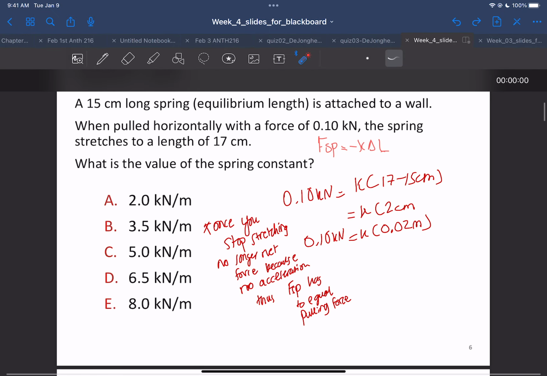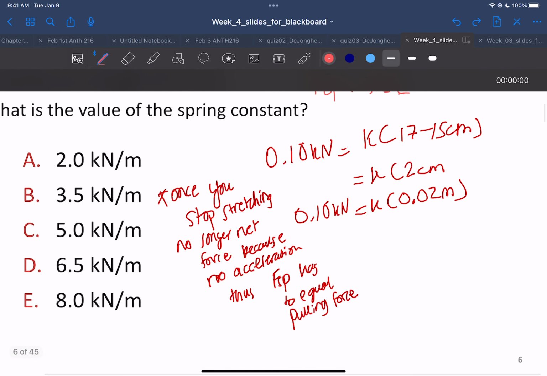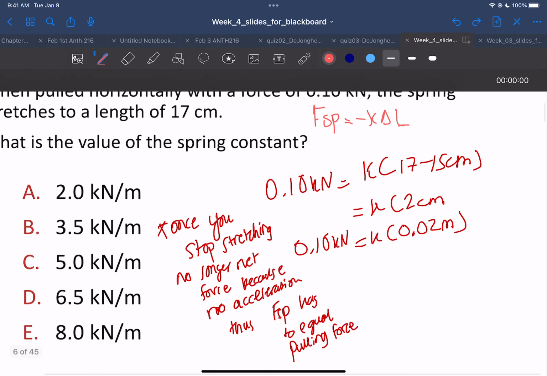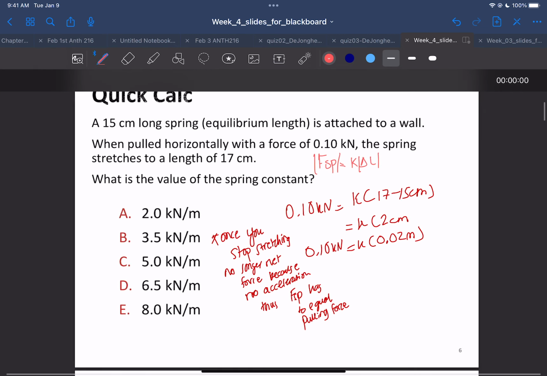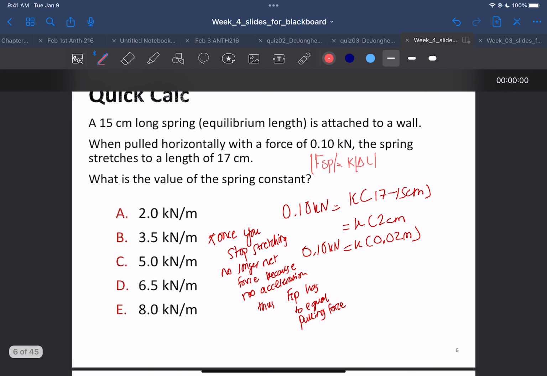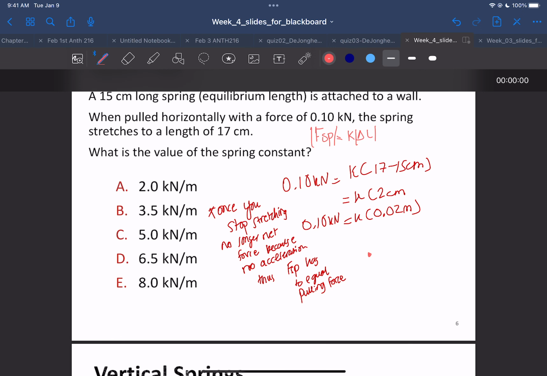We don't know if the wall is to the left and you're stretching it to the right, or if the wall is to the right and you're stretching the spring to the left. So what you can do is set the equation as F_sp = kΔL, with the absolute value of either side, and you have your spring constant, the thing you want to calculate. They gave us 0.10 kilonewtons as the force.